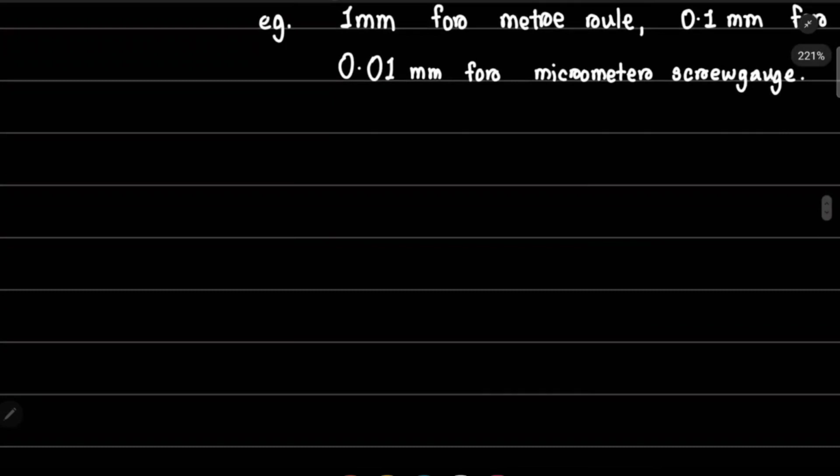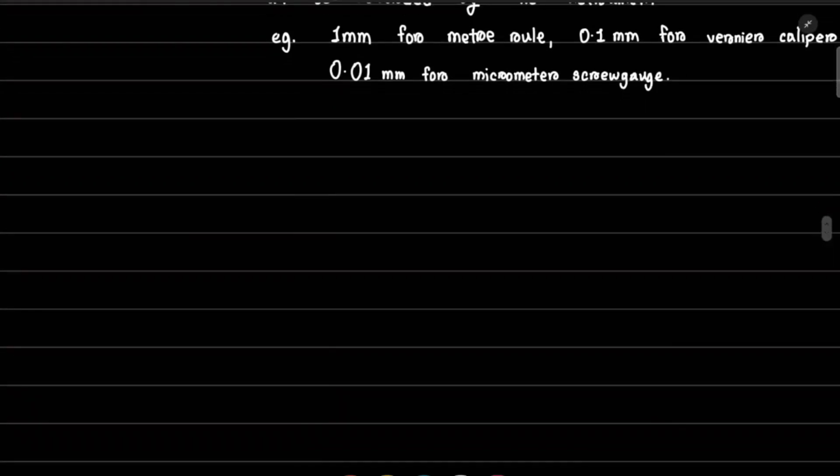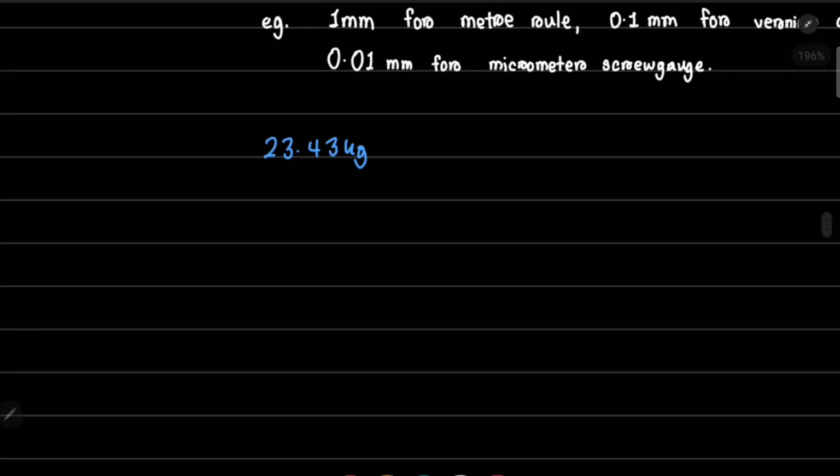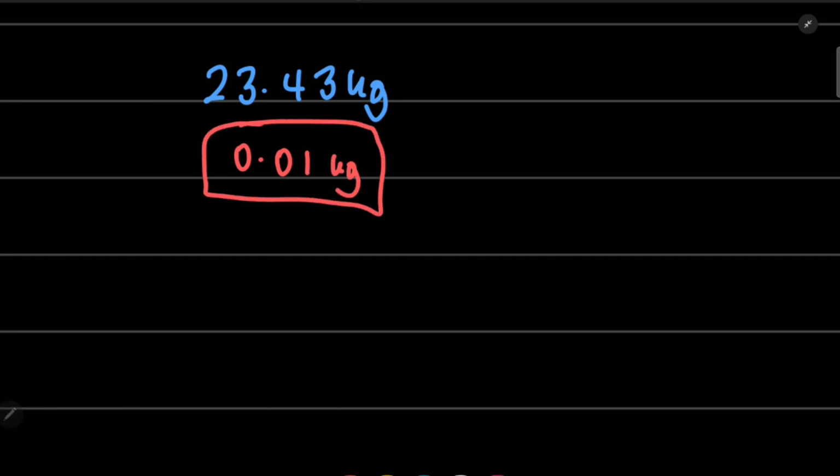Now in the case that we don't know the resolution or precision of an instrument from beforehand, we can use the value it's giving. So for example, if I'm given a mass of 23.43 kilograms, the resolution of the instrument will be 0.01 kg. This is the precision of the instrument or the resolution of the instrument.